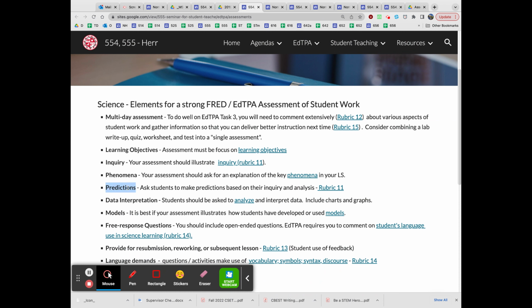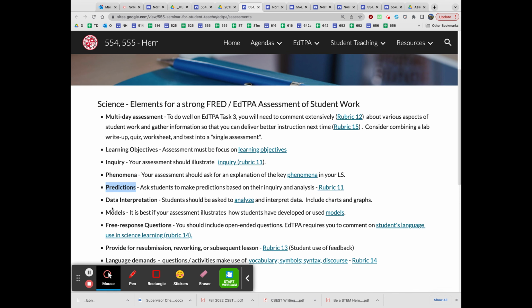Your assessment has to have someplace in there where it shows that you're doing inquiry, where they're answering questions about a phenomenon. Make sure you describe what that phenomenon is. You need to make sure that they're making predictions based upon their model or their explanation. And again, that goes back to rubric 11.